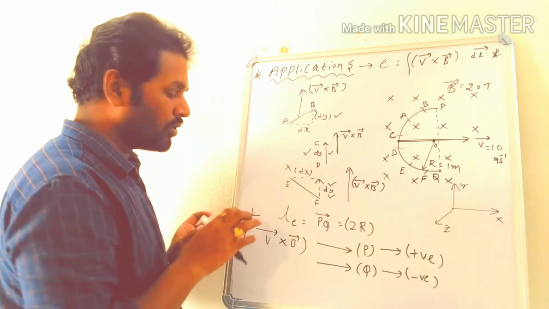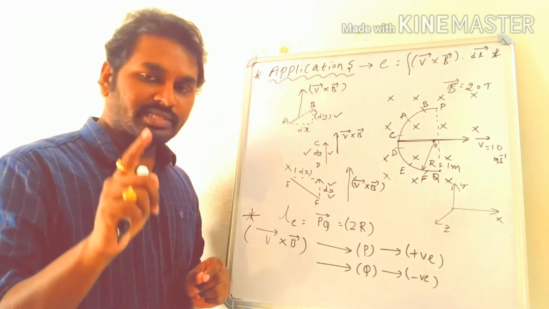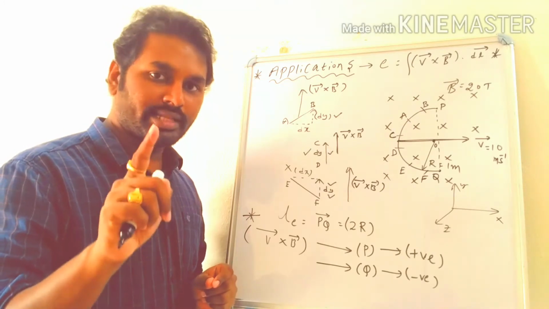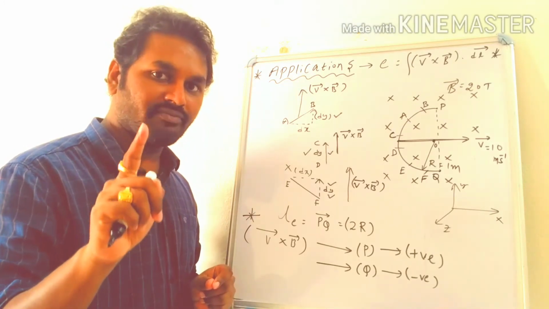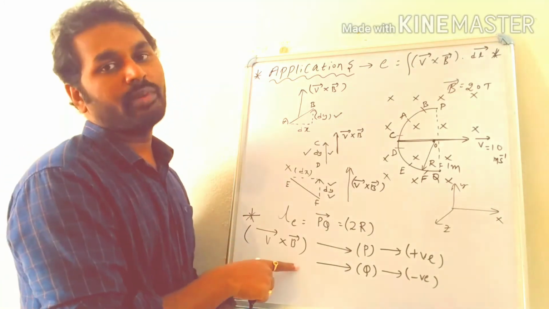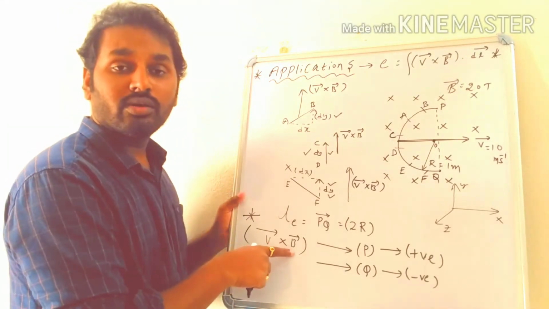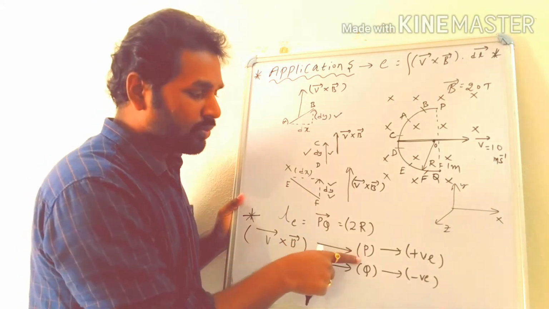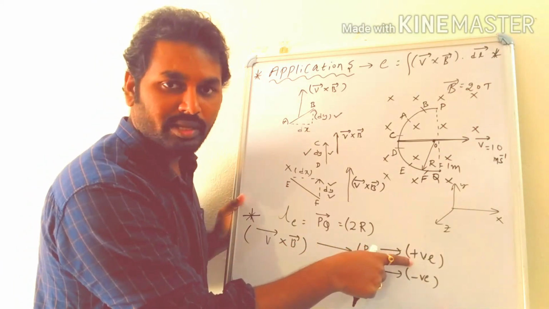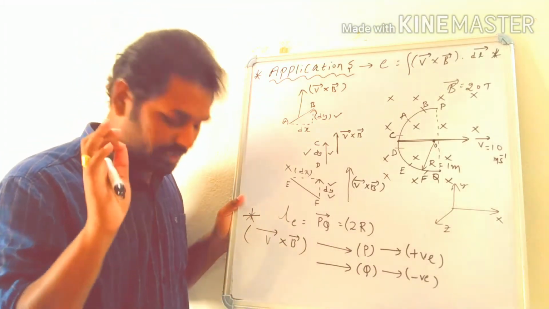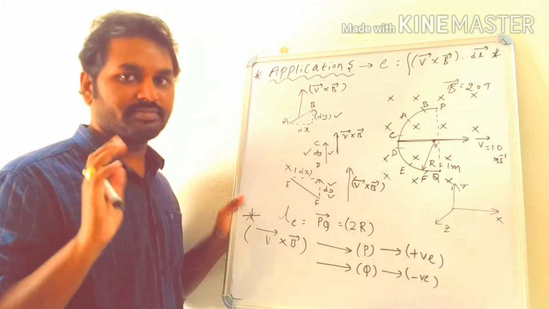This is the most important point to decide the polarity of the rod. Which side gets the positive polarity is defined by the direction of V bar cross B bar. The point in that direction is the positive polarity, and the other point is the negative polarity. This is a very conceptual point.